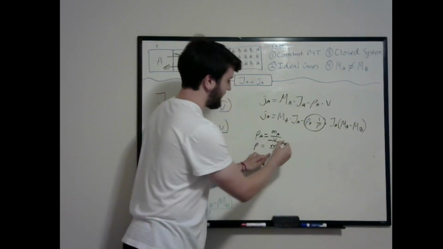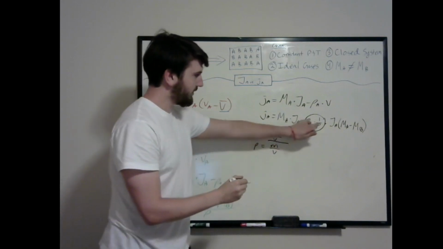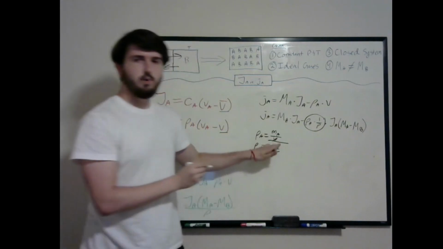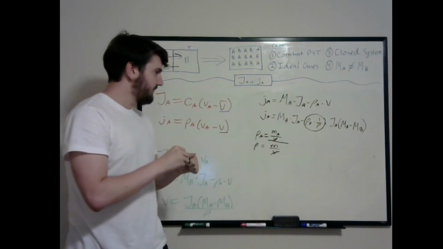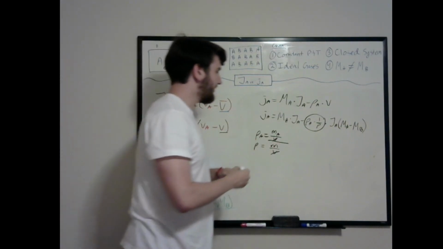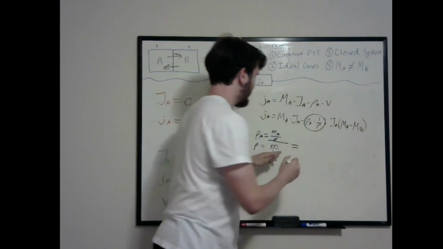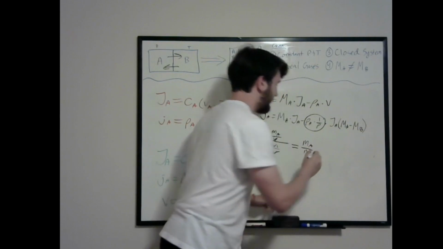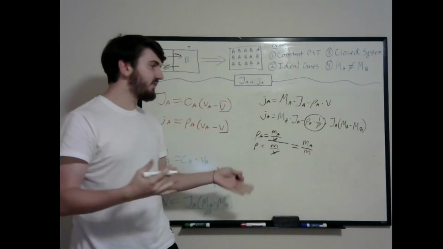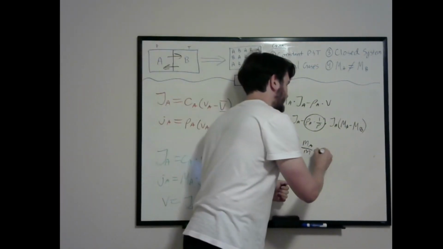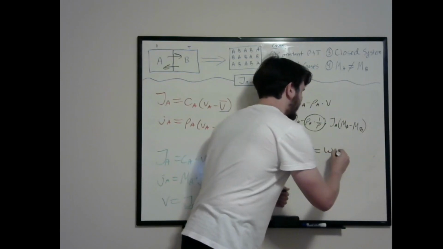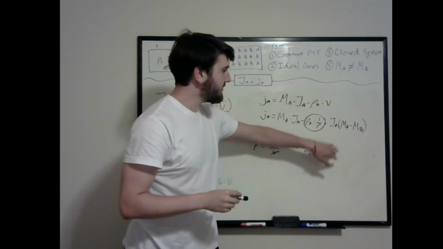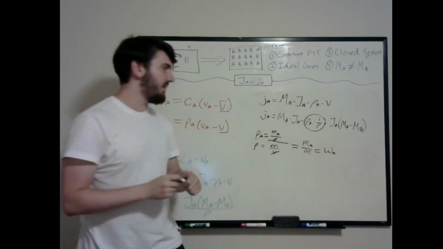If we put them over each other, we can get rid of the total volume, which leaves us with the mass of A over the total mass. The mass of A over the total mass is really just the mass fraction of A, which we can now use to substitute back up in there.